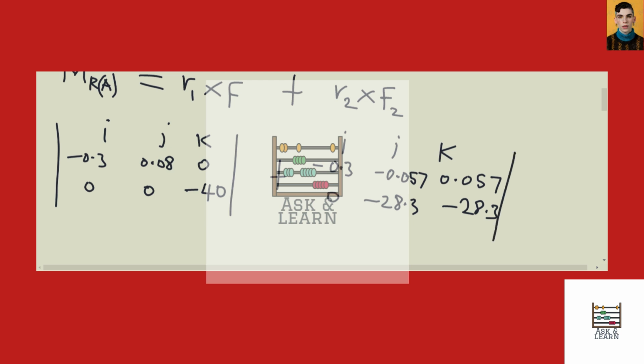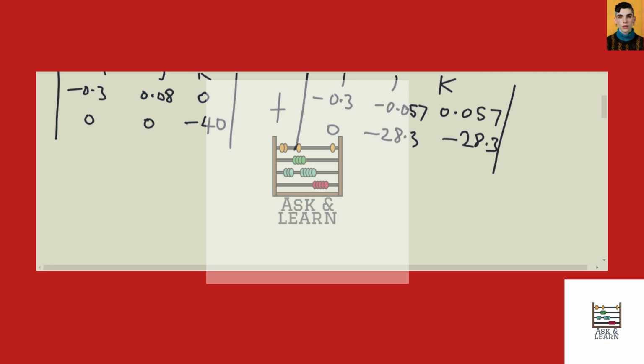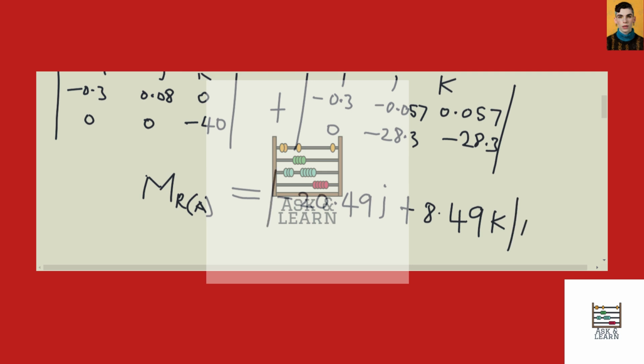So you have this. When we sum them together, applying matrix principles, you arrive at your M, the resultant couple moment at A, to be equal to minus 20.49 j plus 8.49 k, and of course it is in Newton meters.